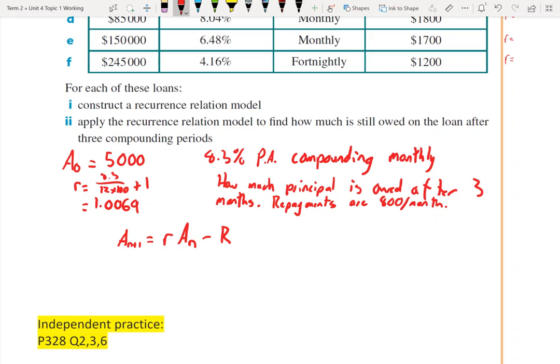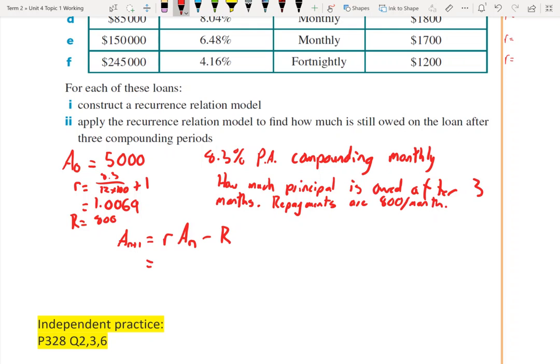Okay, and then obviously big R is just my repayment amount, which is 800. So to find my next amount, I take my interest rate times my first amount minus my repayments. So the only value I know at the moment is the initial amount, A0.